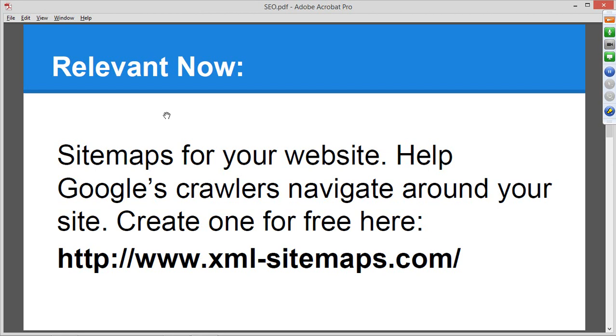Crawlers are these automated systems that go through your site and find out, okay, your homepage links to this post, and this post links to this post, and it helps them get kind of a map of your website. Sitemaps really help these crawlers navigate around your entire site and get a feel for what posts there are and what content there is. Now, XML sitemaps are very easy to create.